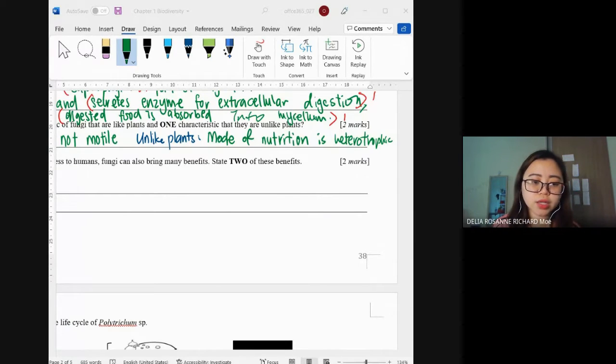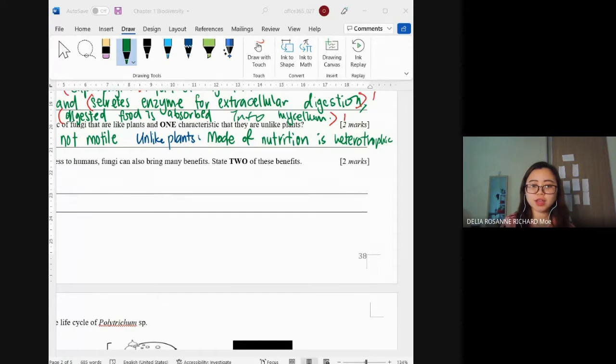Lim asked in the chat, can I say for unlike plant, it is non-vascular organism? Cannot, because that is not the usual example, and some plants also don't have a vascular system, so it's not a good enough comparison. Okay, we try to go for the easier comparisons.